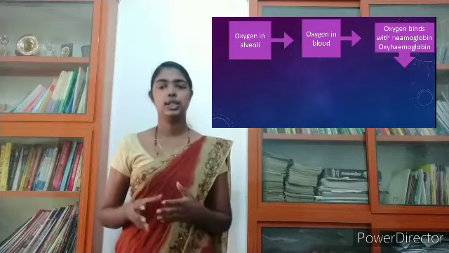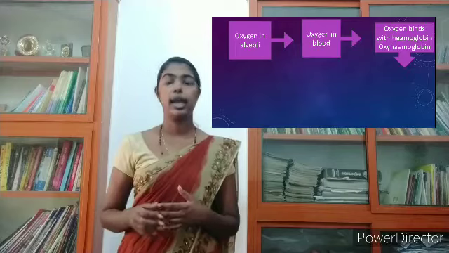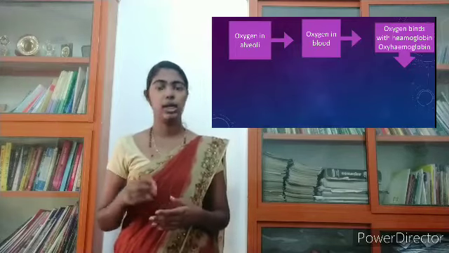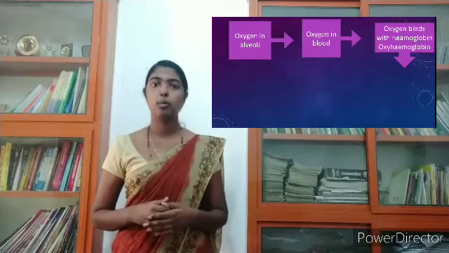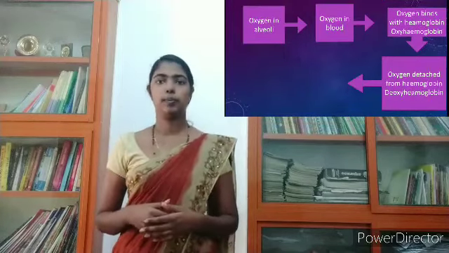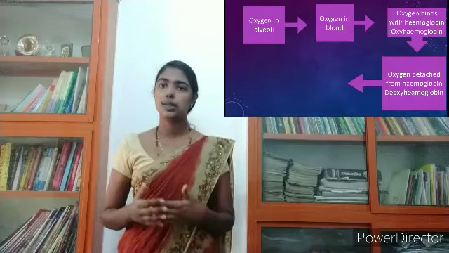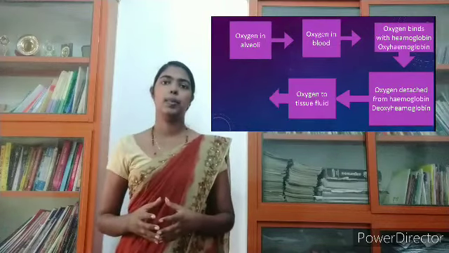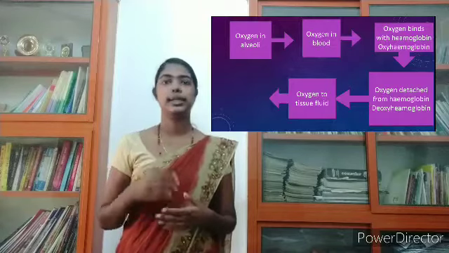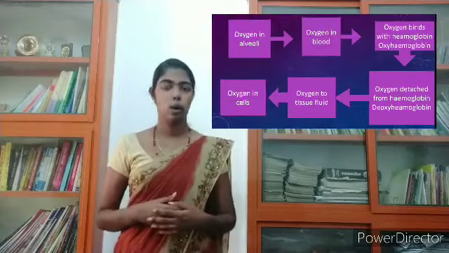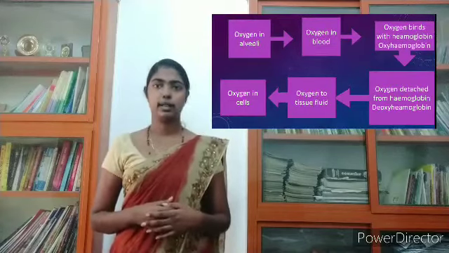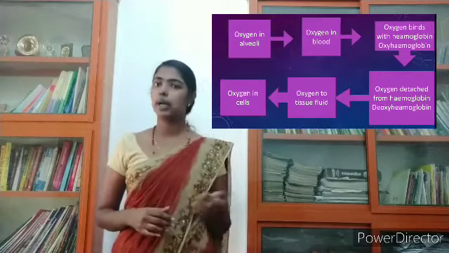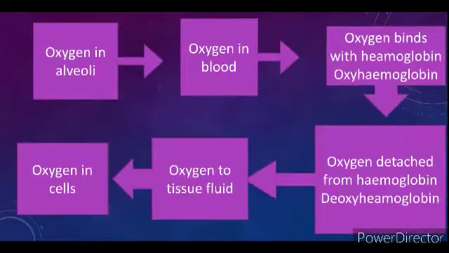This tissue region contains a different environment which causes the detachment of oxygen from hemoglobin molecule and forms deoxyhemoglobin. Now the oxygen is in the tissue fluid, and by diffusion the cells take up the needed oxygen for cellular respiration. Thus the oxygen is transported from the alveolar region to the cells.